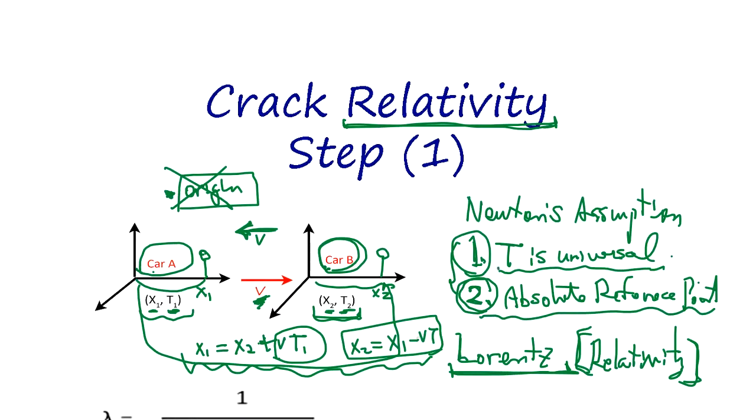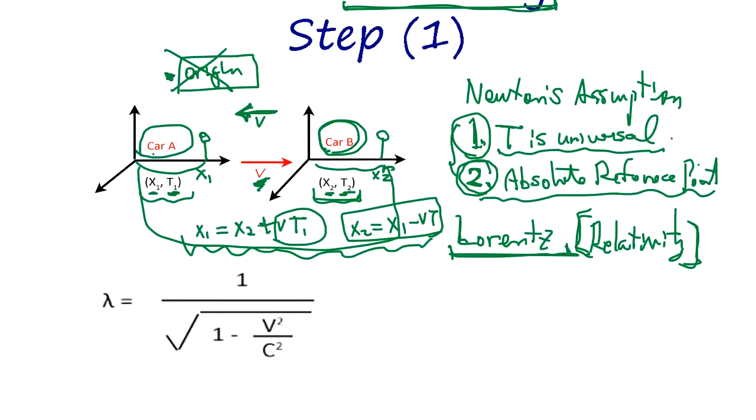This was added later because at that time there was an experimental fact that the light speed seems to be constant for any observer.